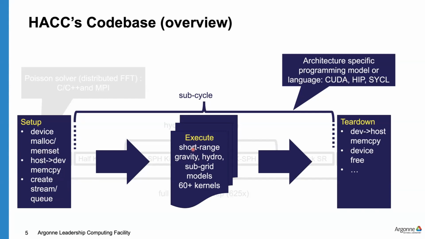Then we execute some series of kernels, one after another sequentially on the device, and then there's a teardown phase. The execution phase is the subcycling, so this is basically what happens in that inner loop.